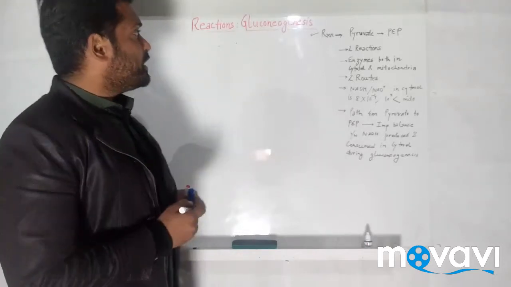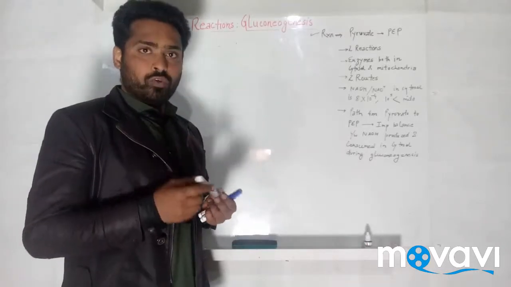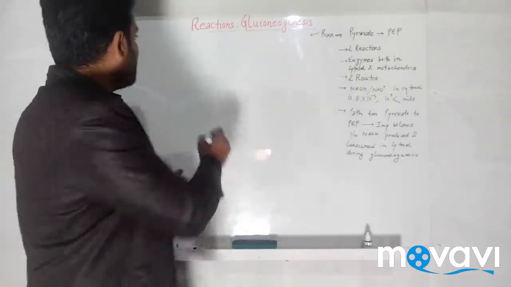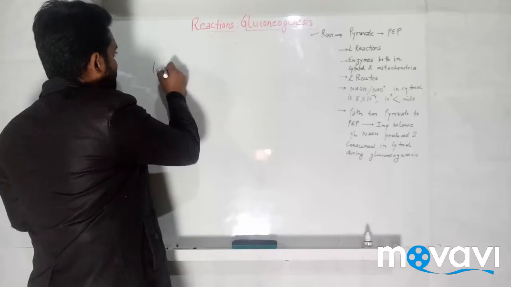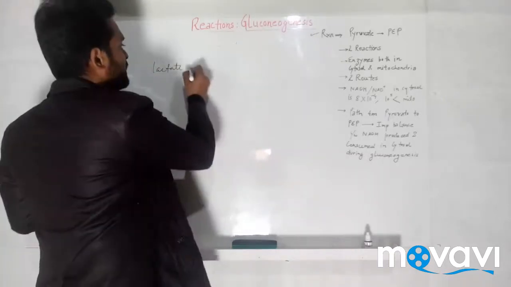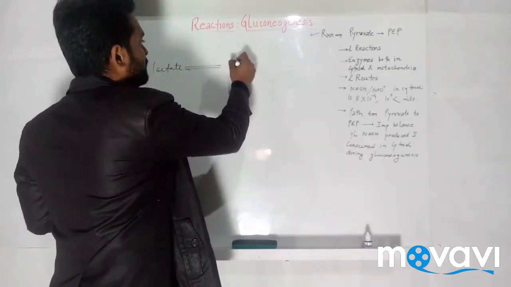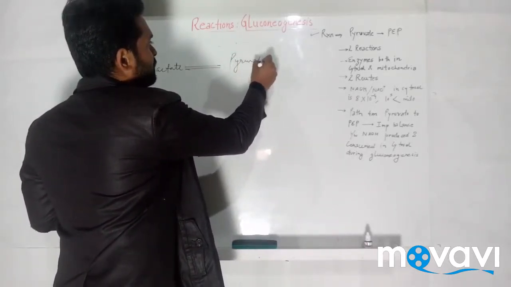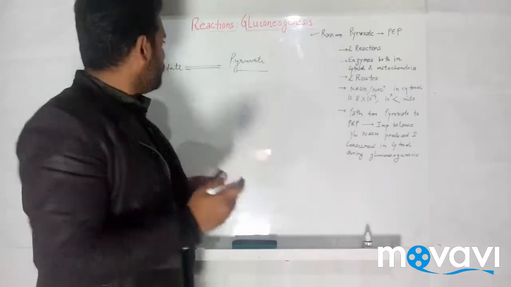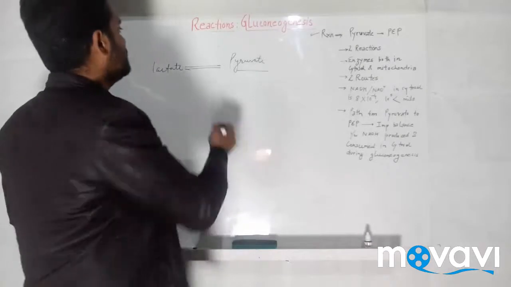The next point is the formation of pyruvate from lactate. This is our lactate which we produced in anaerobic glycolysis. This is converted into pyruvate. Everything is the same; that is the only difference.